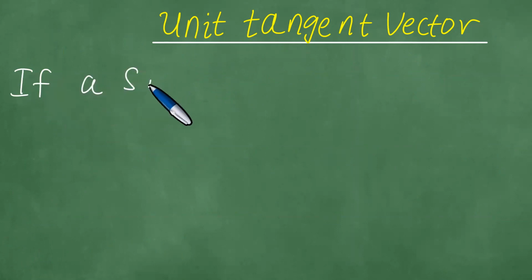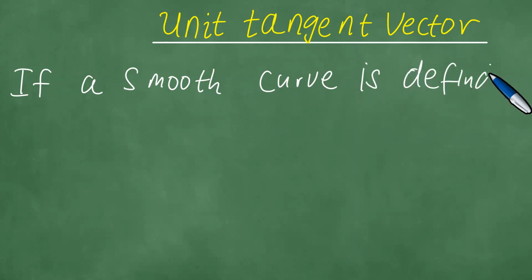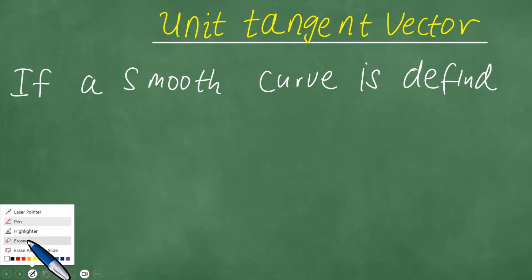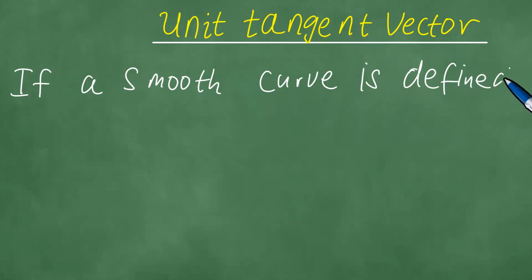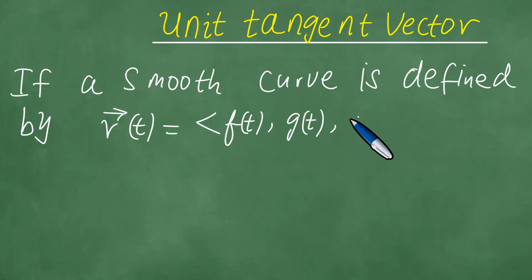if a smooth curve is defined by the vector r of t, which equals f of t, g of t, and h of t as the third component.